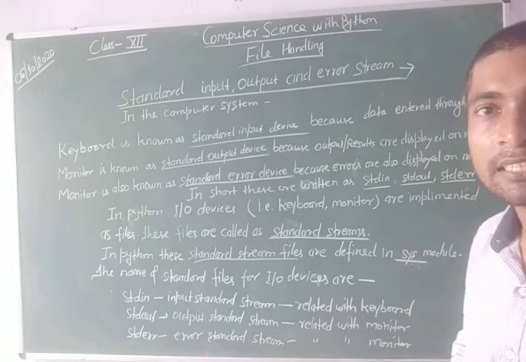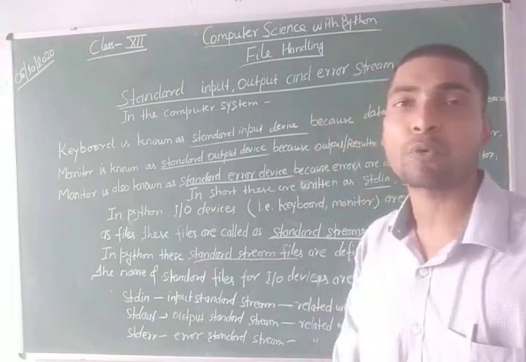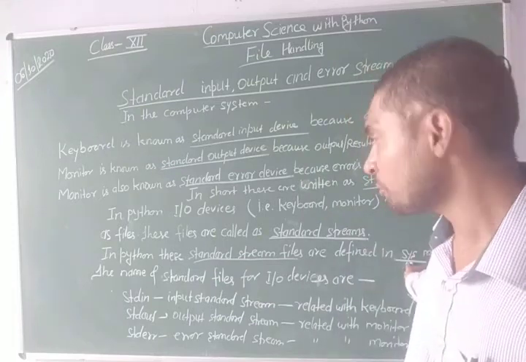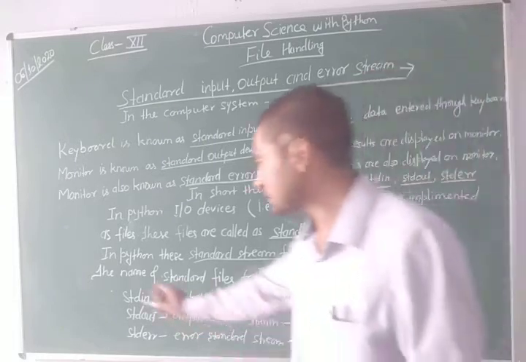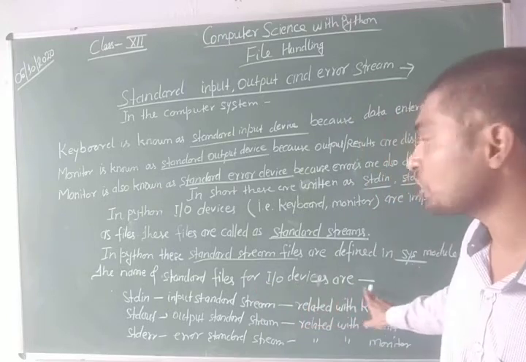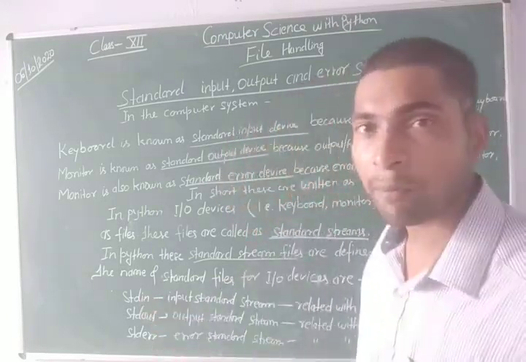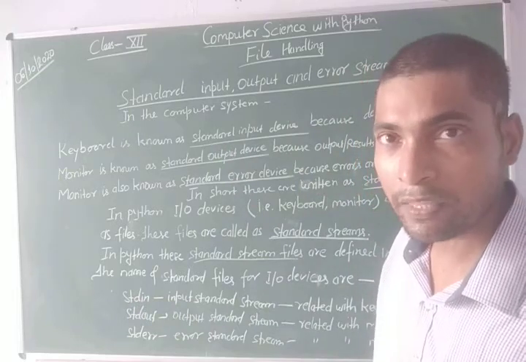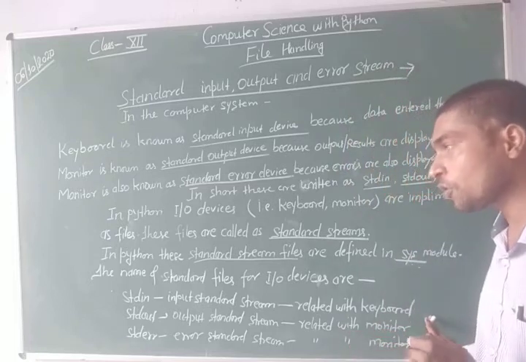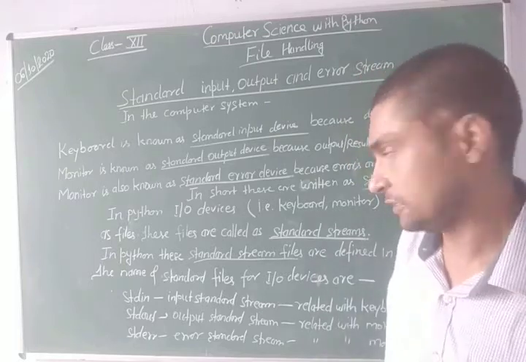What is the meaning of this? It means that if you want to use these files in your program, you will have to import the sys module. Now let us see the names of the standard files for input and output devices. STDIN is the name of the standard input stream. Since this stream is related with the keyboard, this file is responsible only for input operations.